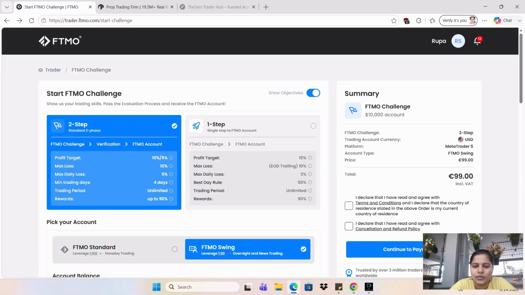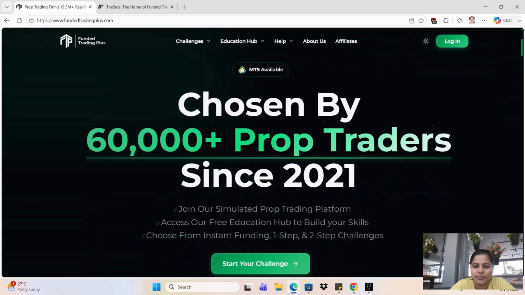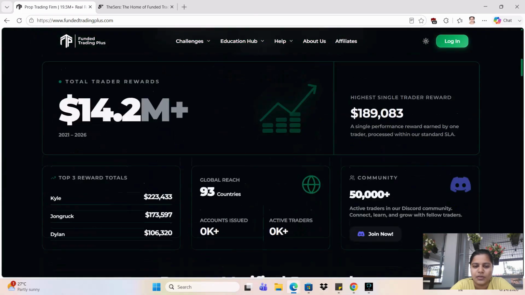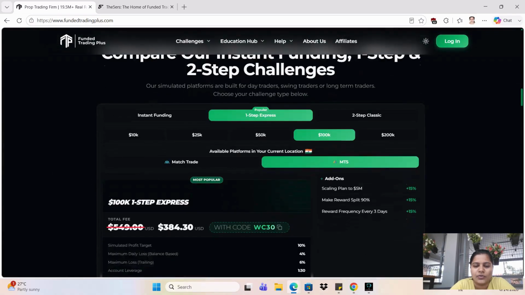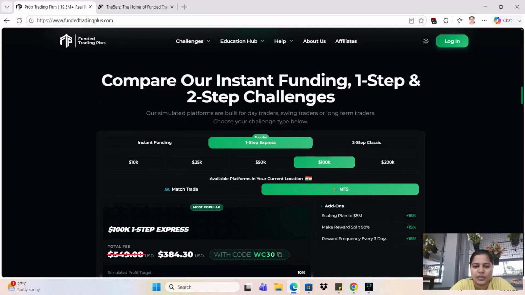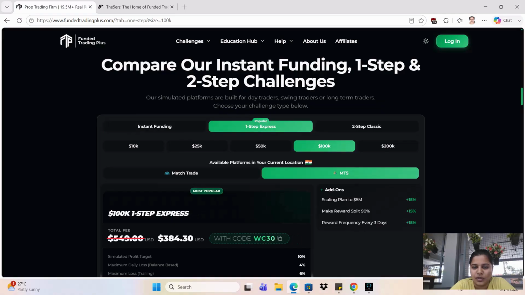And I also mentioned different other platforms, Funded Trading Plus and 5%. They are also having similar kinds of programs. As you can see, in Funded Trading Plus they are having three accounts: instant, one step, and two step.